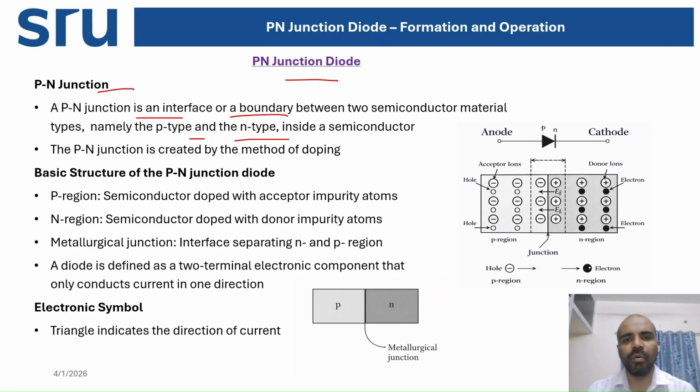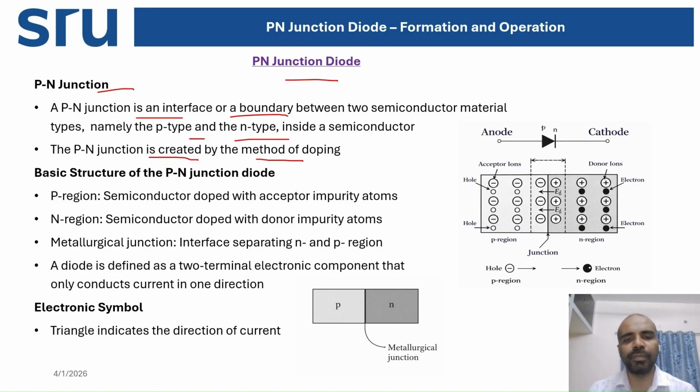When one half of the intrinsic semiconductor is doped with trivalent or acceptor type impurities, and the other half is doped with pentavalent or donor type impurities, then a junction is formed, which is known as a PN junction. A PN junction can be created by the method of doping.